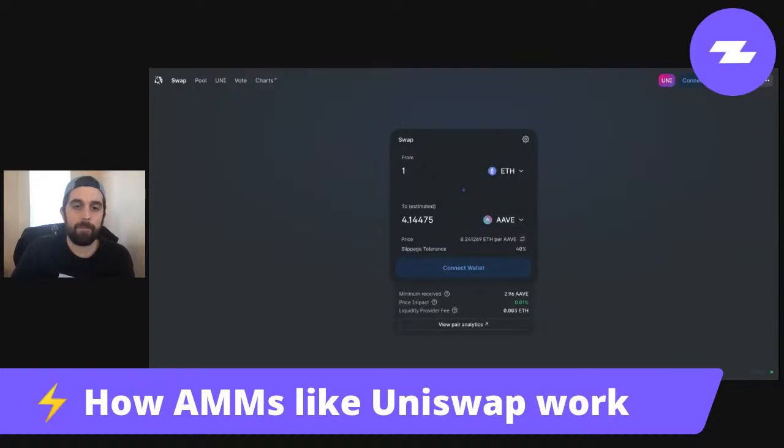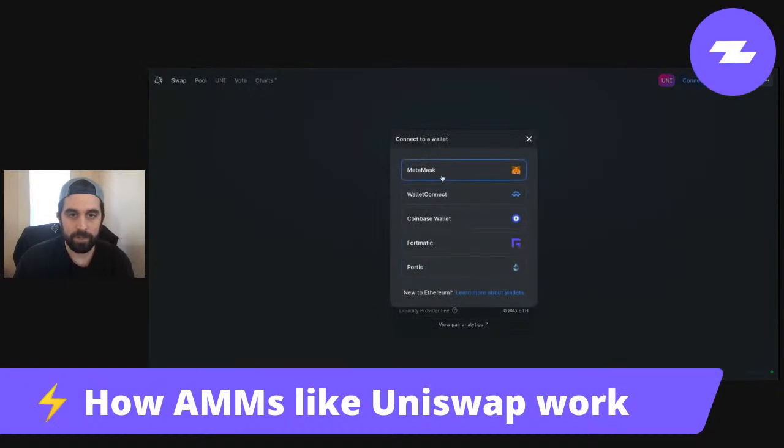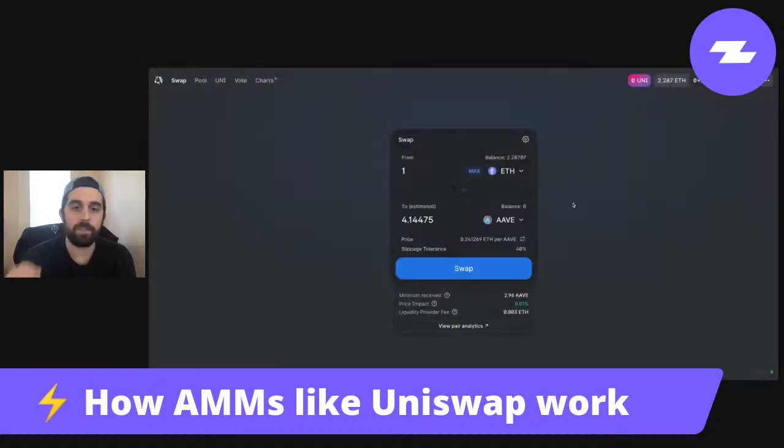And then we have this pool of liquidity in the middle. Sorry, let me go ahead and connect my MetaMask. We have this pool of 50% Aave, 50% Ether. And so this is the way that Uniswap and SushiSwap work. It's a little bit different when you talk about Balancer. Balancer's a little more sophisticated in terms of how those liquidity pools work.